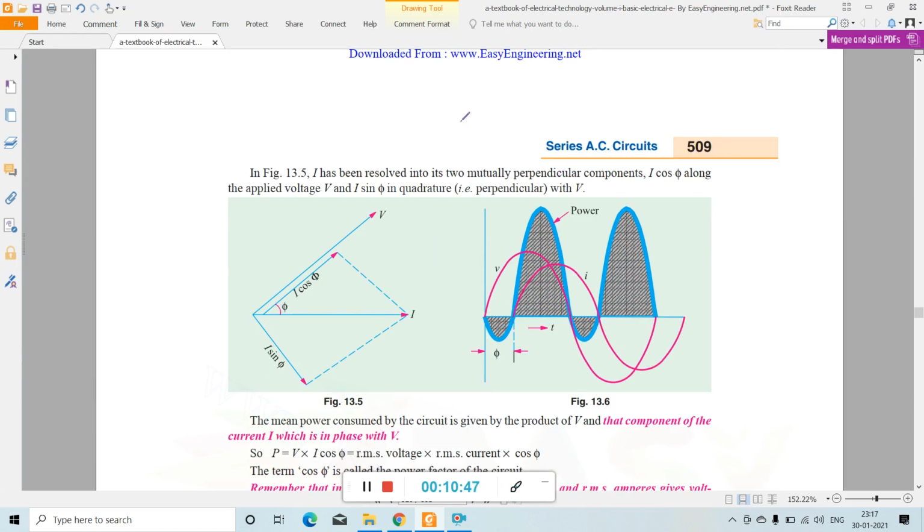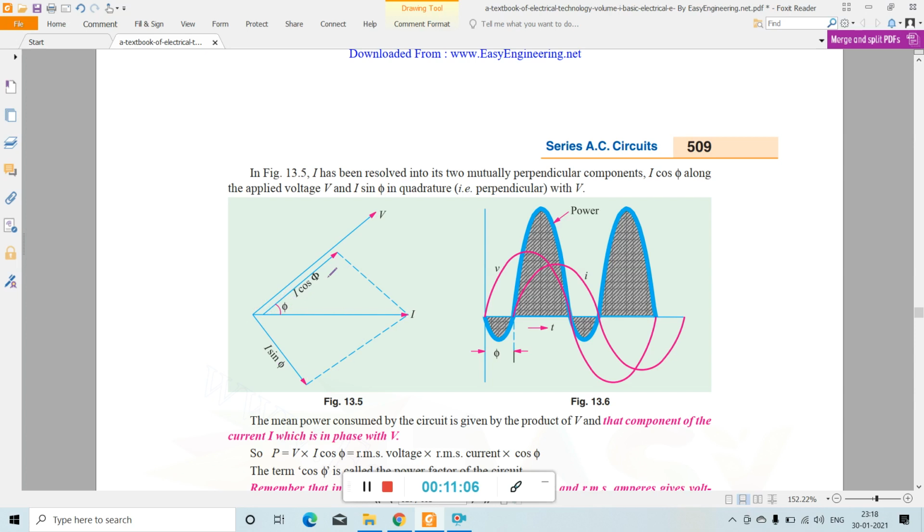Then this I can be resolved into two mutually perpendicular components. This is the I, this is the reference line. If I draw I, then V should be like this, because I lags behind V by an angle phi.